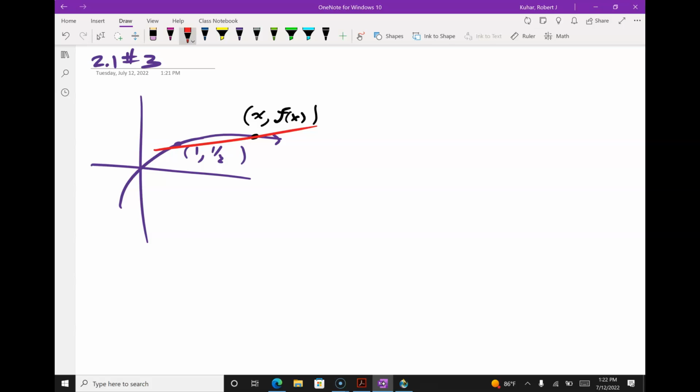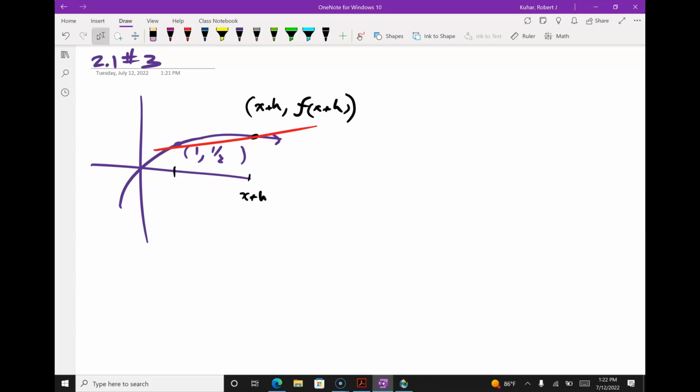I made a mistake, sorry. Oh, no, I didn't. But do I want it to be x and f of x? Give me 1 second. No, I want it to be x plus h and f of x plus h. So that's the point 1, 1/2. This is the point x plus h, f of x plus h. And h is the distance between x values.